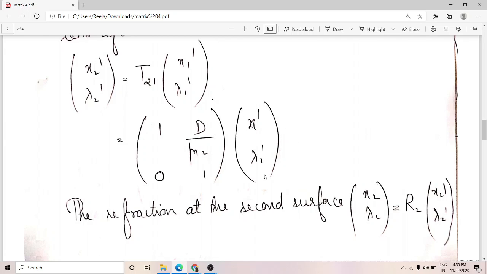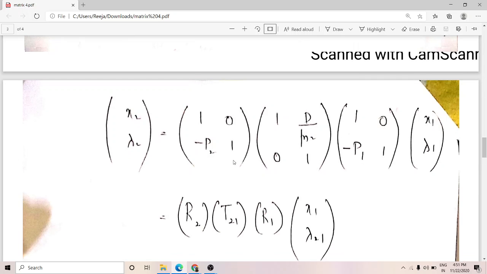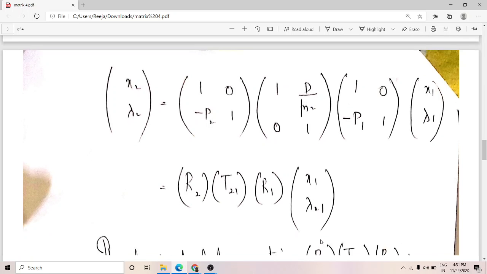What is x1 dash lambda 1 dash? It is R1 into x1 lambda 1, where R1 is 1, 0, minus P1, 1. So I can write all three matrices here: second refraction, translation, first refraction, into x1 lambda 1 gives me x2 lambda 2. So x2 lambda 2 is equal to R2 into T21 into R1 into x1 lambda 1.